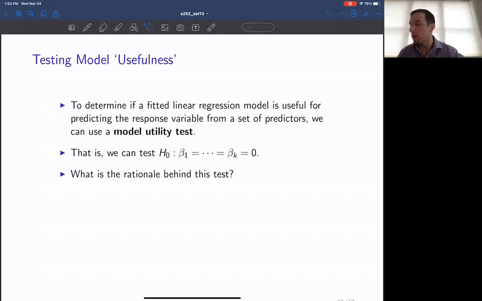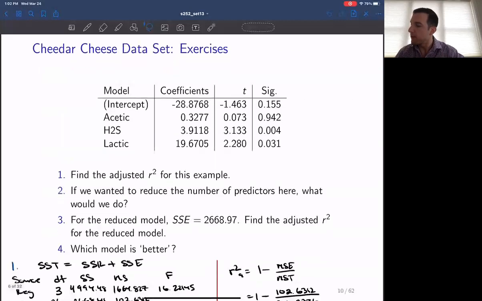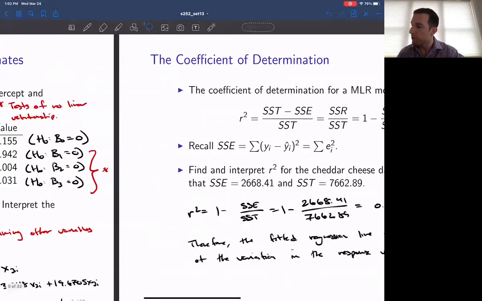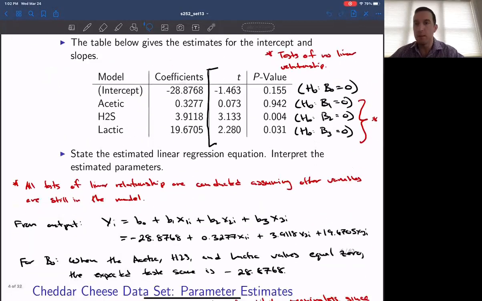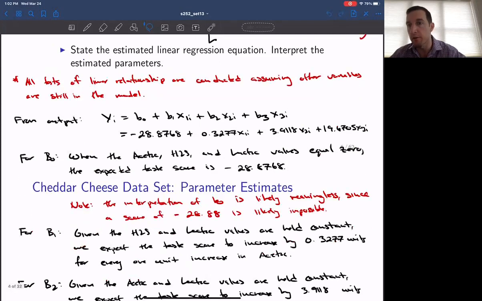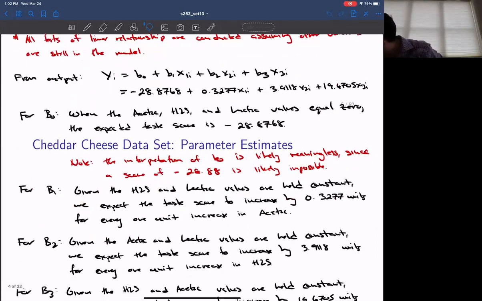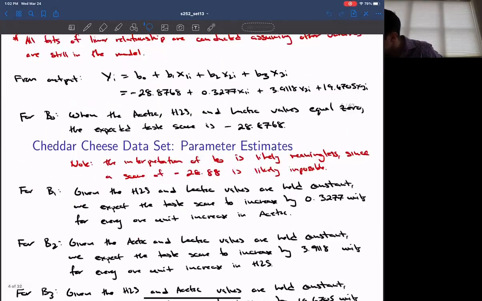Last class, we looked at a number of examples that illustrated a few different things. The first thing was the functional form of a multiple linear regression model. We have an example of that on slide number 6.